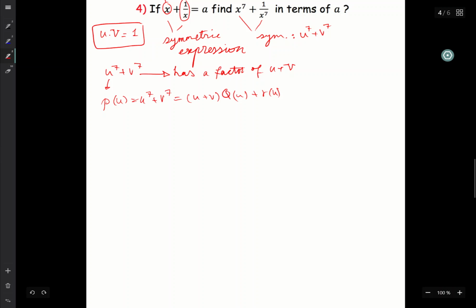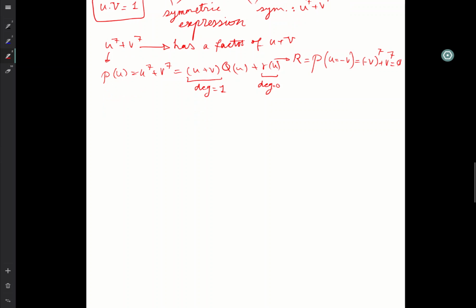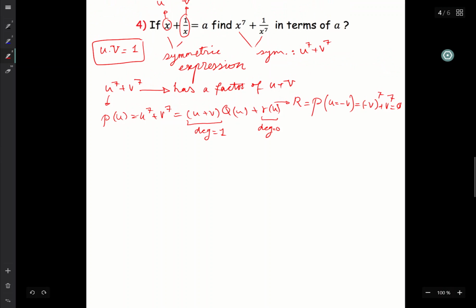Then the degree here is 1, therefore the degree of remainder is 0, and therefore the remainder is a constant number, which I have to evaluate at u equal negative v, which is negative v to the 7 plus v to the 7 is equal to 0. So u to the 7 plus v to the 7 has a factor of u plus v, right? So all we need to do is write it down.